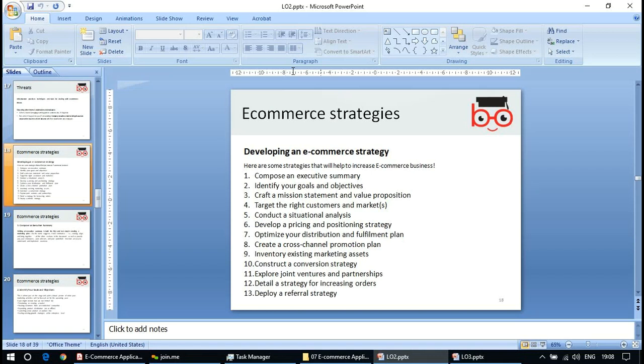Compose an executive summary, identify your goals and objectives, craft a mission statement and value position, target the right customers and markets, conduct a situational analysis, develop a pricing and positioning strategy, optimize your distribution and fulfillment plan, create a cross-channel promotion plan, inventory existing marketing assets, construct a conversion strategy, explore joint ventures and partnerships, detail a strategy for increasing orders, deploy a referral strategy.